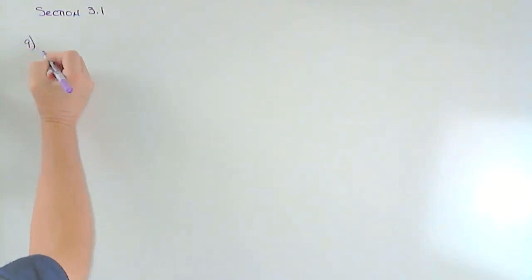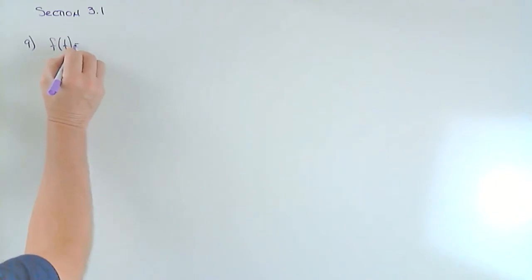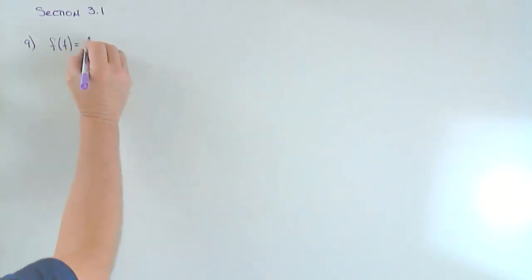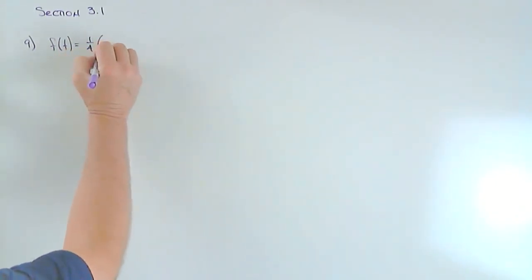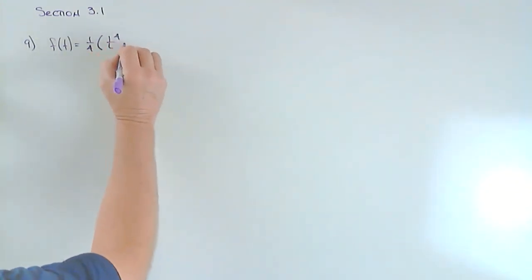Problem number 9 says f of t equals 1/4 times t to the 4th plus 8.